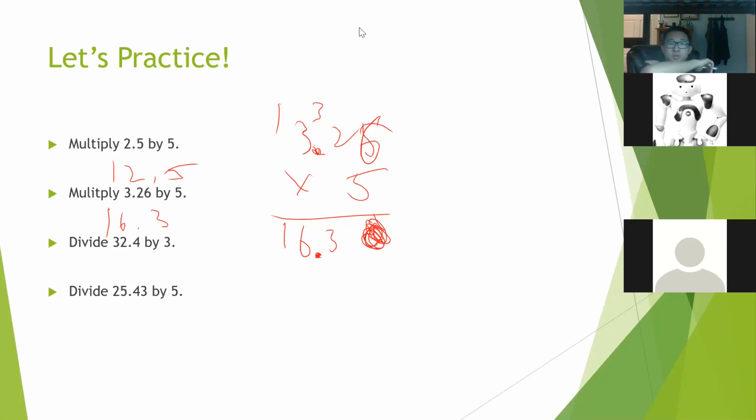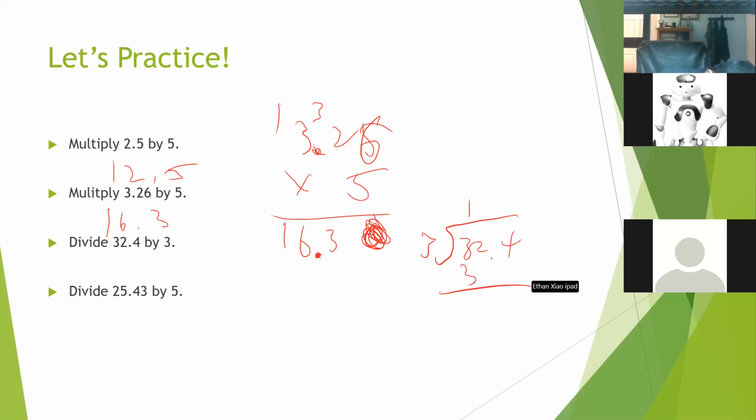All right, next we're going to look at the third one, which is dividing this time. So we have to do 32.4 by 3. What we do here, we put the dividing sign here, 32.4 divided by 3. So first we do 3 divided by 3, that's 1. We just write 1 here. And now we have 2 by itself, and we moved on to the next digit.